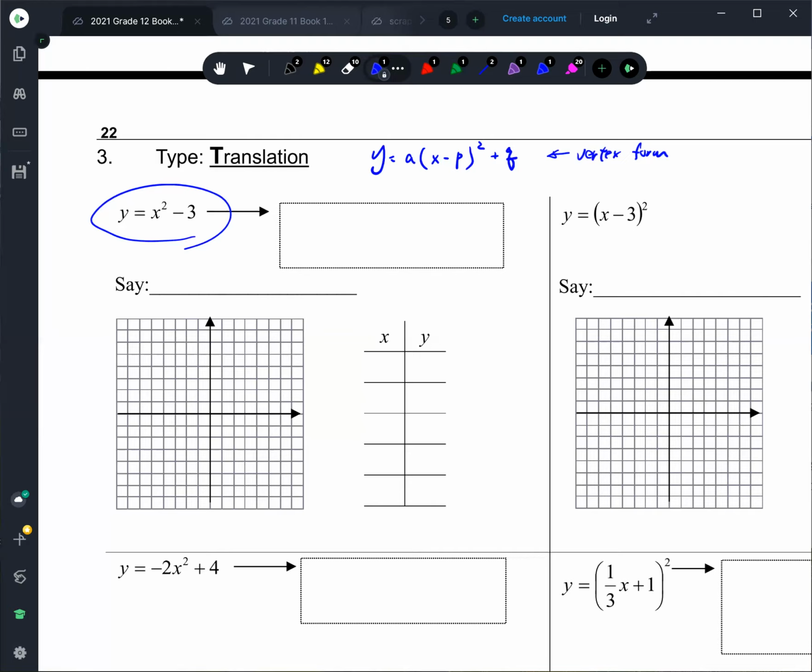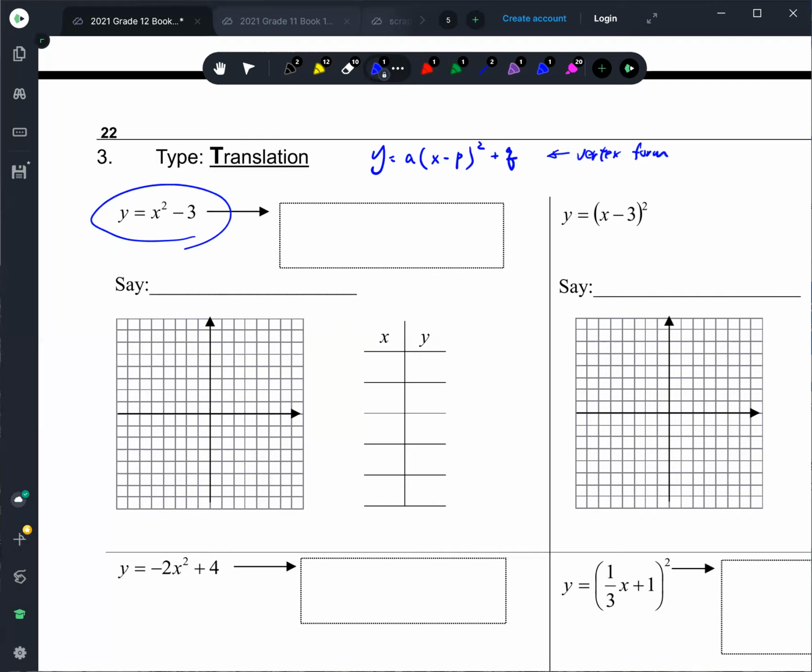When P is 0, then you don't need to write a bracket. It will just be x squared. So we already know this one has a vertex at 0, -3. And this one will open up or down, Eric? Up. How do you know it opens up?